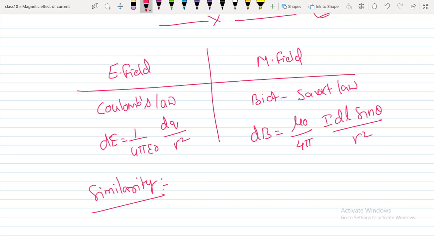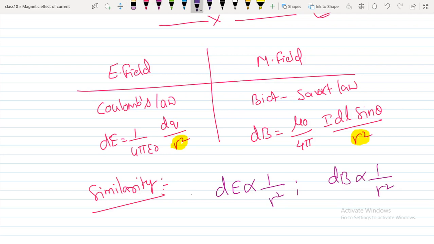First of all, both fields depend inversely on the square of the distance from the source. So dE is inversely proportional to r square, and dB is also inversely proportional to r square. They both are inverse square laws.